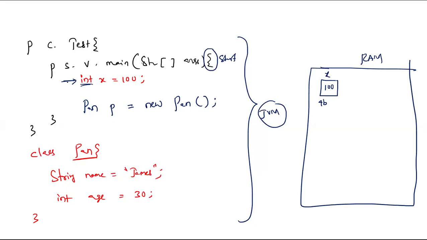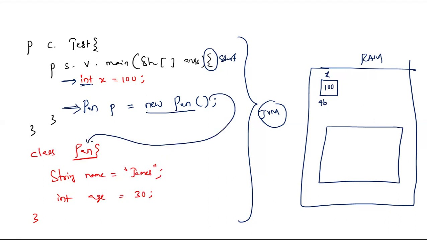After the first line of execution, the JVM comes to the second line, and the right side will be executed first. Because of this, one object will be created in memory, again some part of memory only. From here, the JVM comes to the Pan class and executes the lines of code one after the other. Therefore, James is the data, loaded to the name variable with a memory of 10 bytes because of 5 characters.